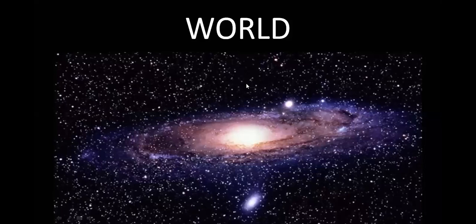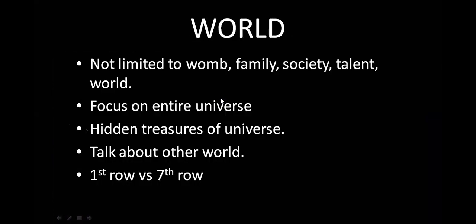It's their own family, the family which is providing them love, care, nurturing. They cannot see anything out of their family. They cannot see anything out of the love, care, nurturing that they are receiving from their family. Right? And the fourth row people's world would be the society, the culture, the religion, the rules and regulations.